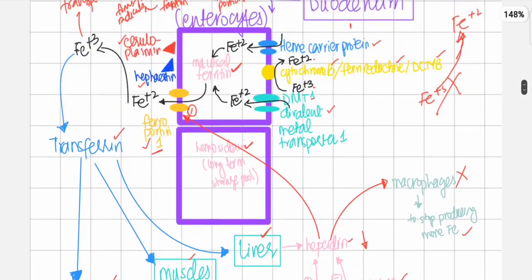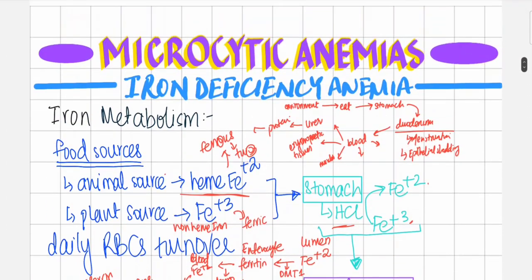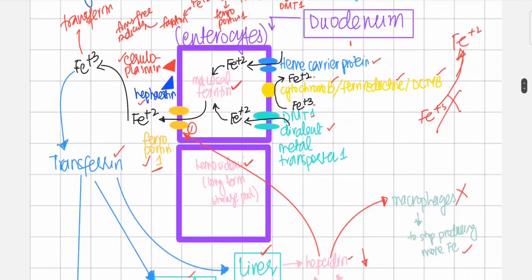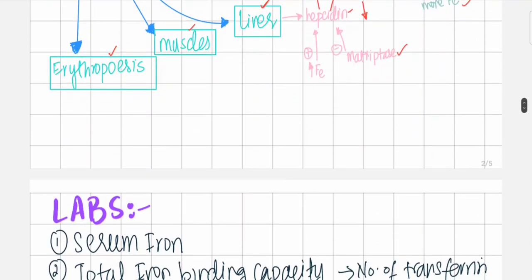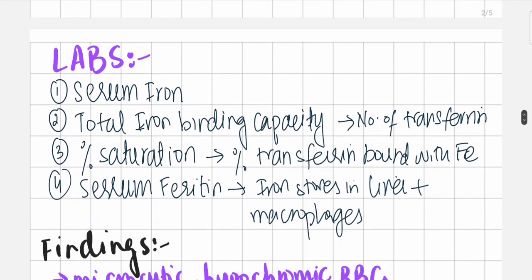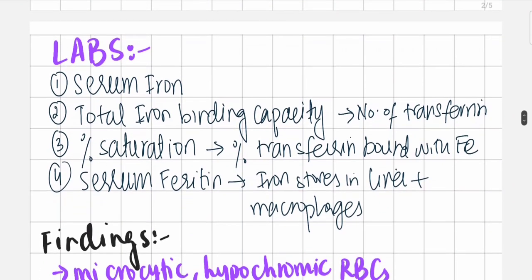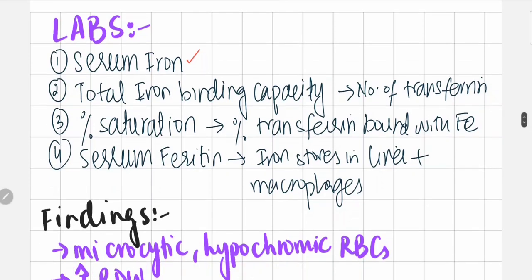Now, of course, there is more to different regulatory factors that can affect iron, but that is a discussion for another day. We're going to do iron deficiency now. So for iron studies, we have certain labs. We do serum iron, that tells us how much iron is in the blood. And then the next is total iron binding capacity, or TIBC, that tells us the number of transferrin.